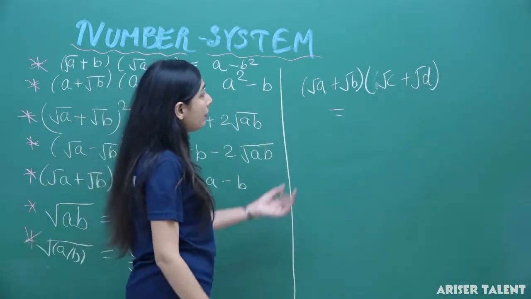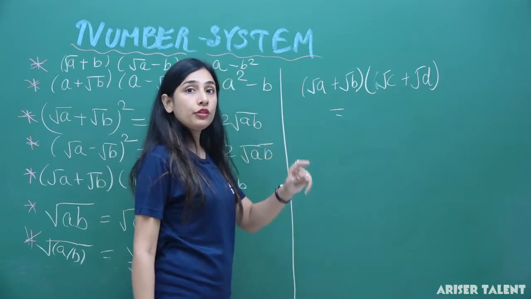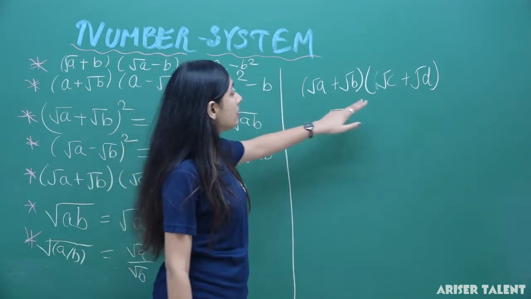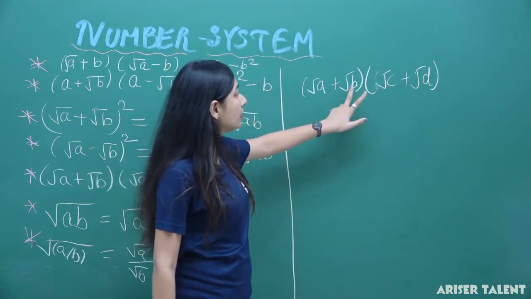Simply what you have to do, you have to multiply this by these two and then this by these two.